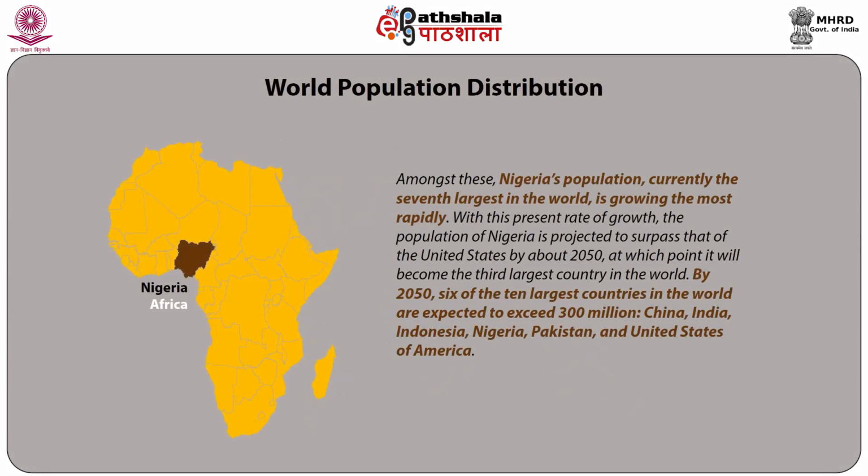Amongst these, Nigeria's population, currently the 7th largest in the world, is growing most rapidly. With this present rate of growth, the population of Nigeria is projected to surpass that of the United States by 2050, at which point it will become the 3rd largest country in the world. By 2050, 6 of the 10 largest countries in the world are expected to exceed 300 million.